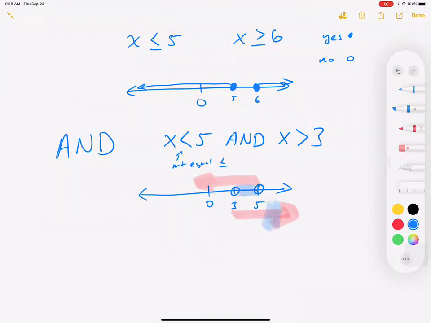All this other stuff doesn't count because it's not an and. Here's an example. If I pick the number 6, well, 6 is greater than 3, yeah, but 6 is not less than 5. So you can't have it both ways here.